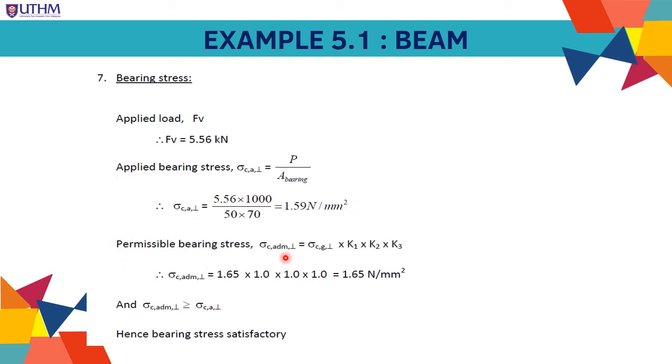Permissible bearing stress is calculated as compression perpendicular to grain times modification factors K1, K2 and K3, we get 1.65 Newton per millimeter square. Our bearing stress is satisfactory because our permissible bearing stress is more than applied bearing stress.